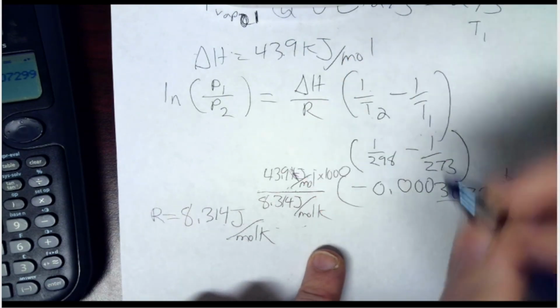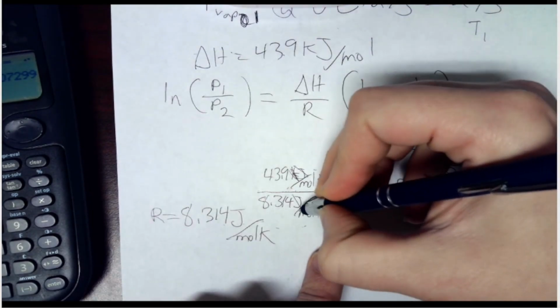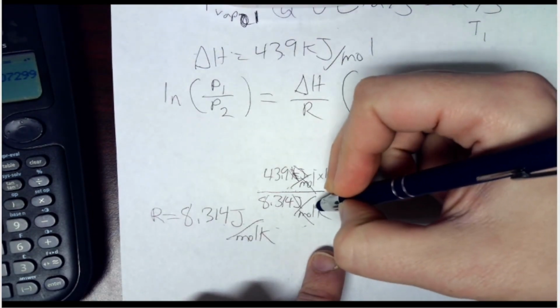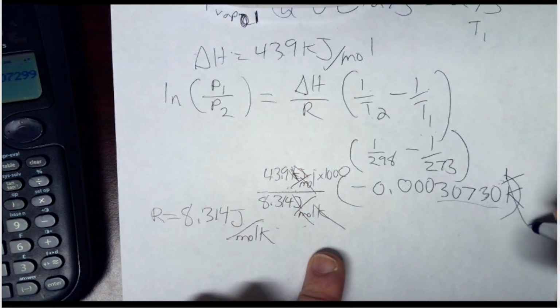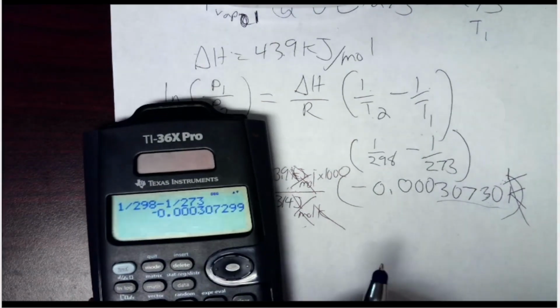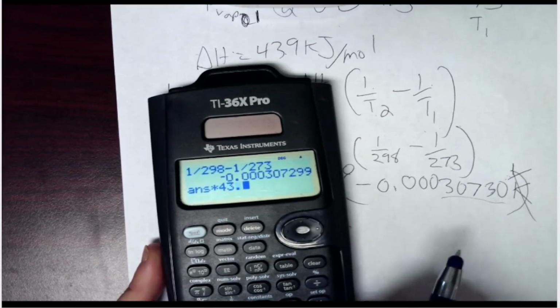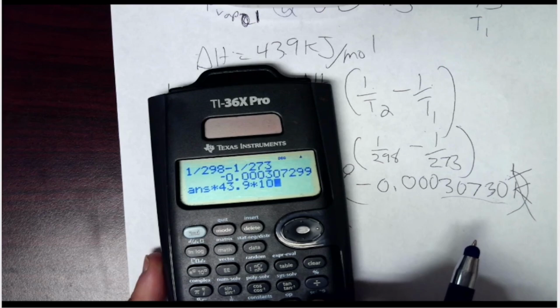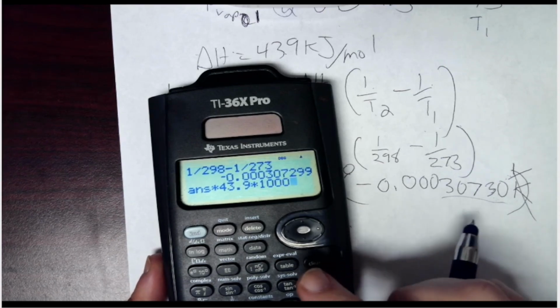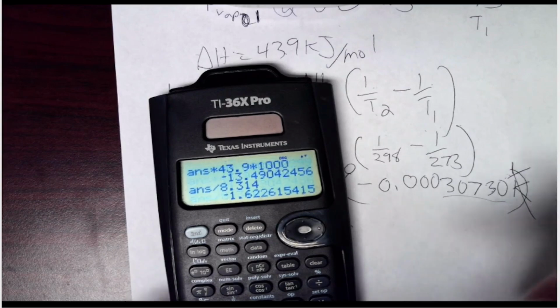That's going to turn that into joules. Joules will cancel joules. Moles will cancel moles. 1 over kelvins are going to cancel 1 over kelvins. So I'm going to multiply this by 43.9 times 1,000. And I'm going to divide that by 8.314.